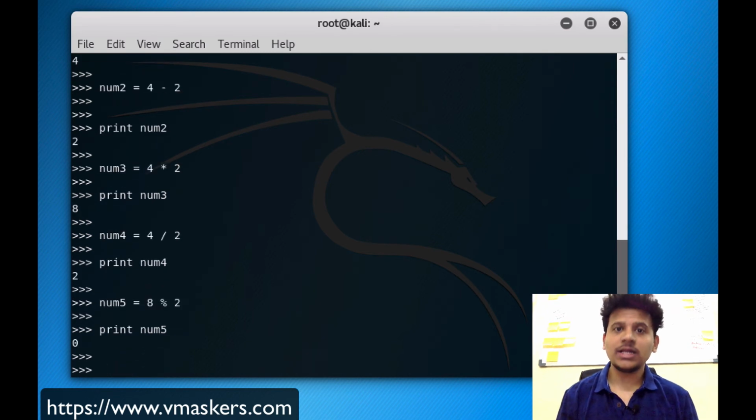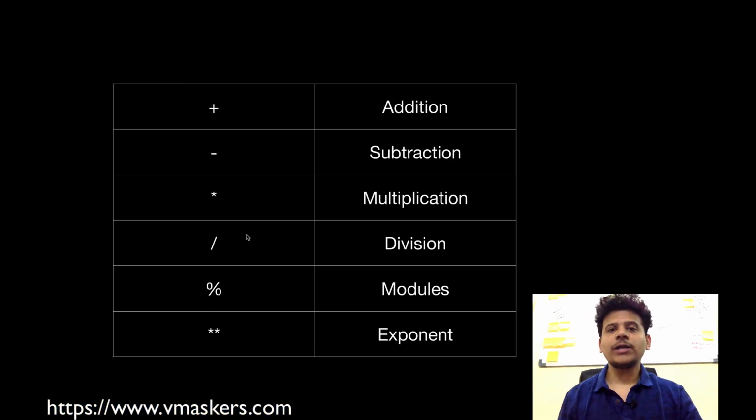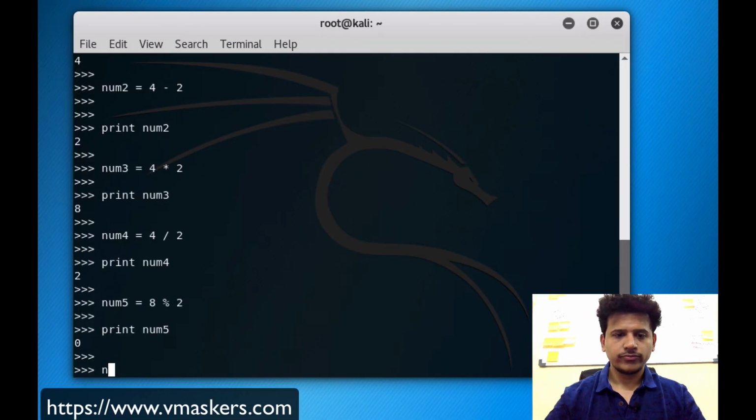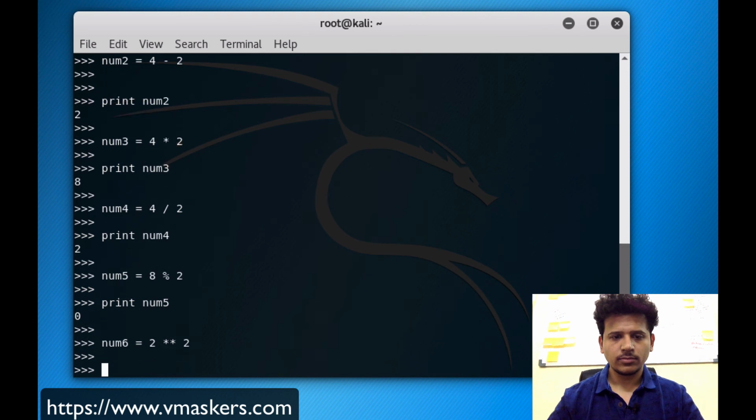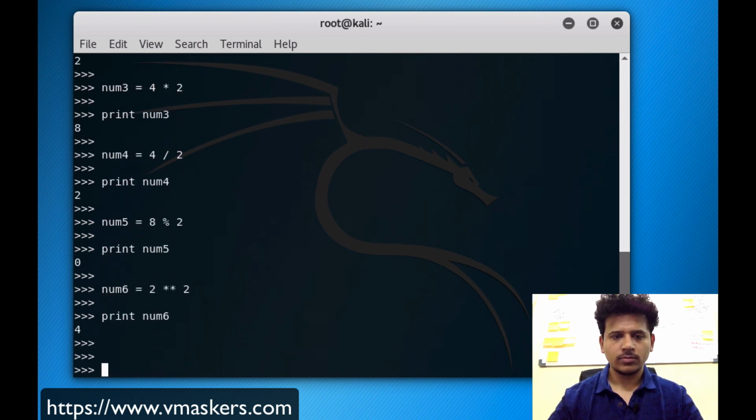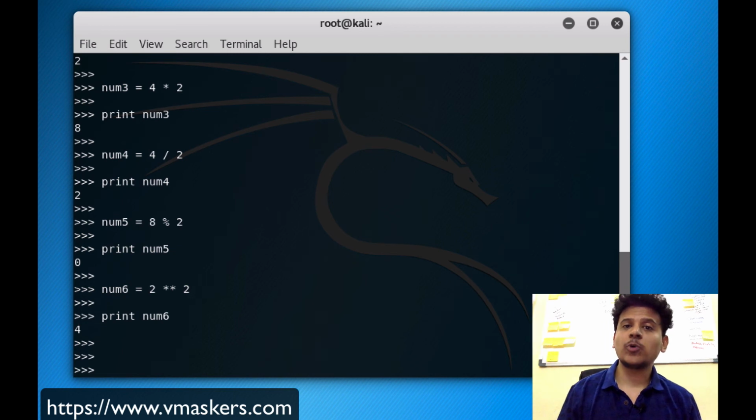It stores the remainder of dividing the left side operand by the right side operand. Now let's look at the exponent operator. Okay, so it calculates the exponential power.